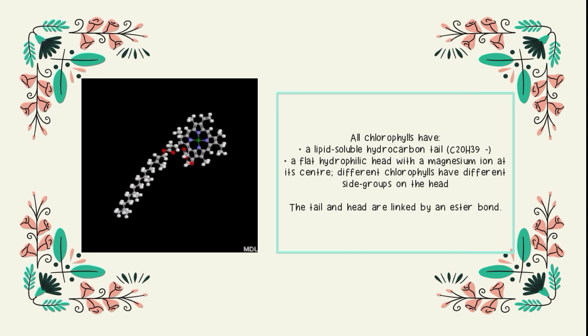All chlorophylls have a lipid-soluble hydrocarbon tail, C20H39, and a flat hydrophilic head with a magnesium ion at its center. Different chlorophylls have different side groups on the head. The tail and head are linked by an ester bond.